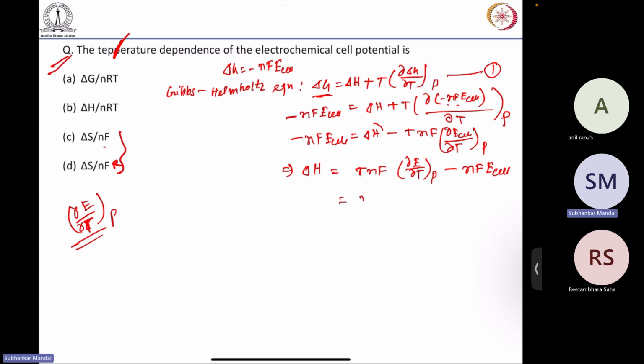Now if we take NF common, minus NF, then E cell minus T del E by del T at constant P.